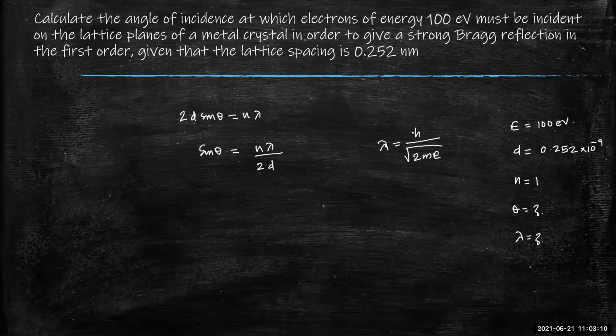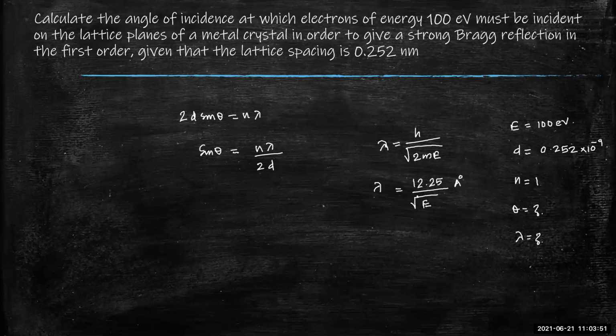We can substitute the values of h, the mass of electron, and the energy. Another expression for the lambda of an electron having energy E is 12.25 divided by root E angstrom.